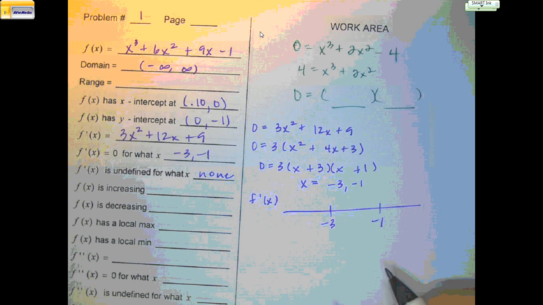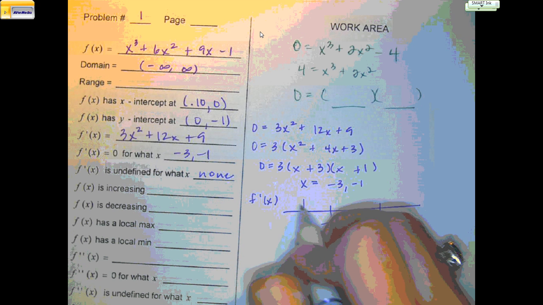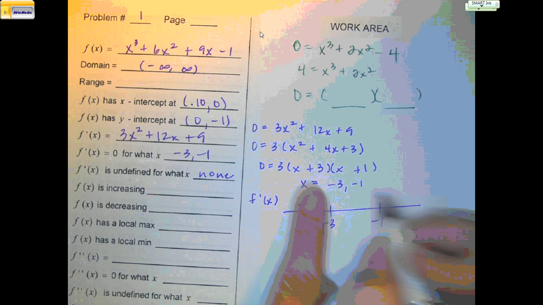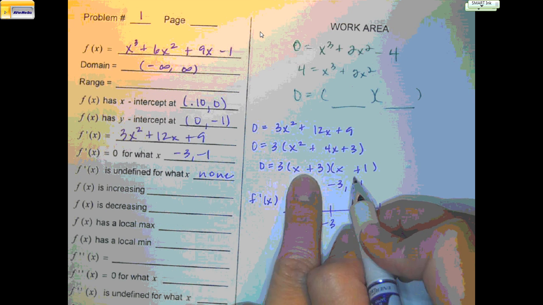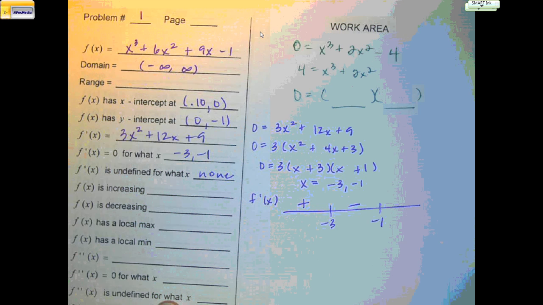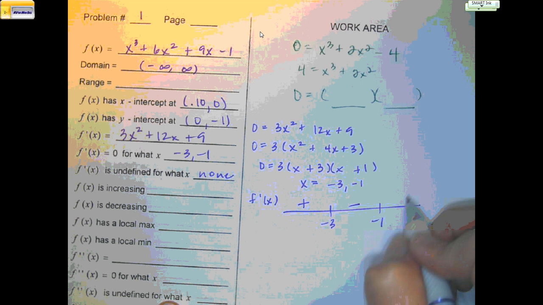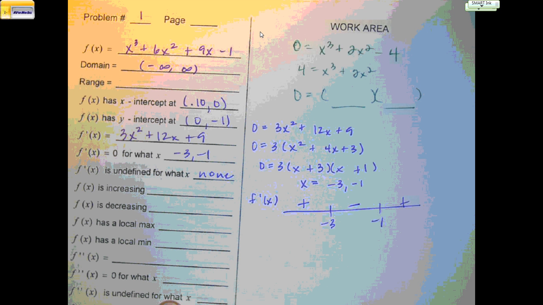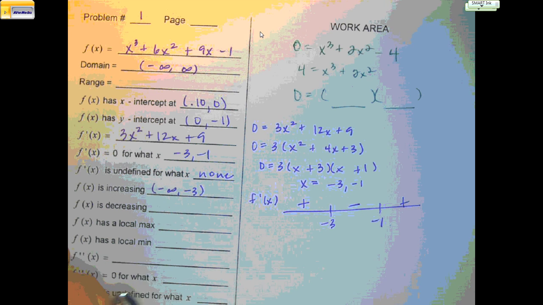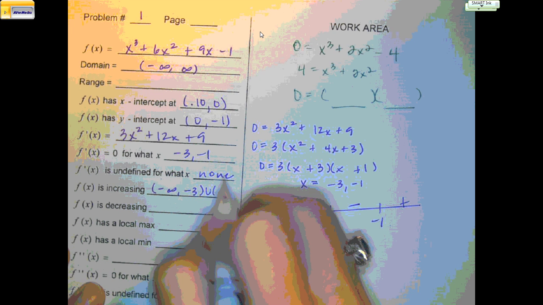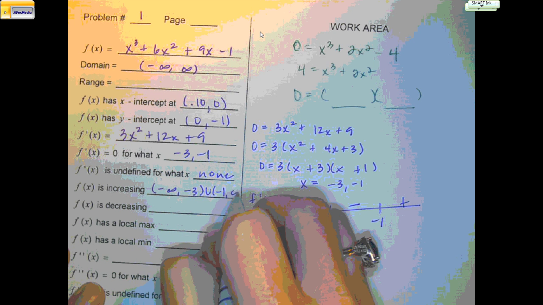If I put in -2 into this thing, am I going to wind up with a positive or a negative in the end? A negative. If I put in a 0, I'm going to wind up with a positive. So we are increasing from -infinity to -3 and from -1 to infinity. We are decreasing from -3 to -1.